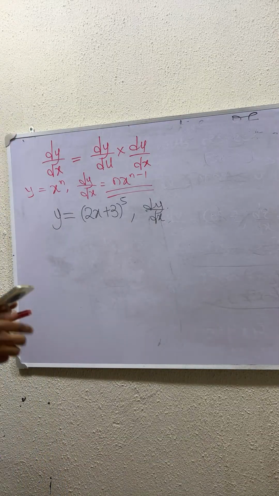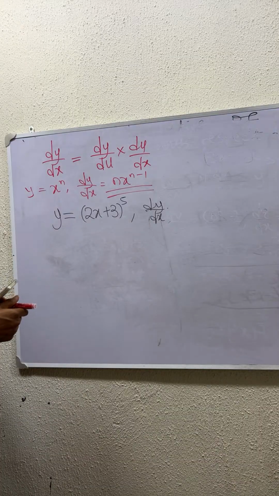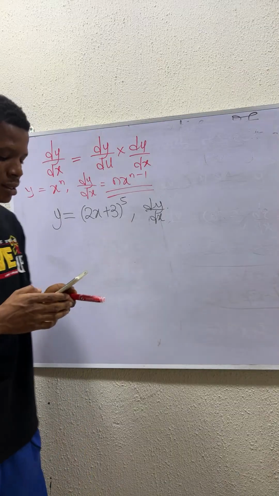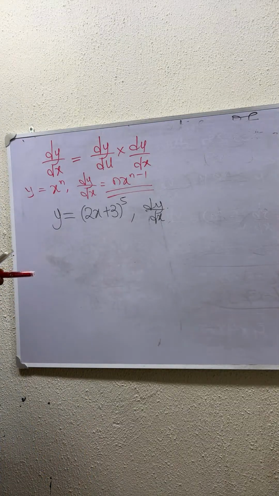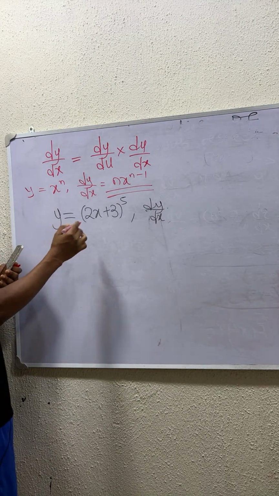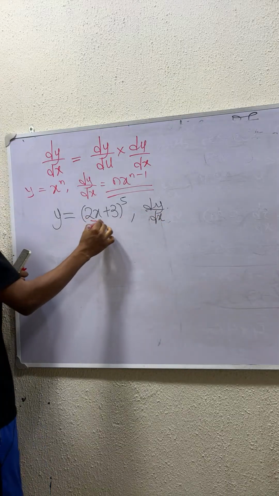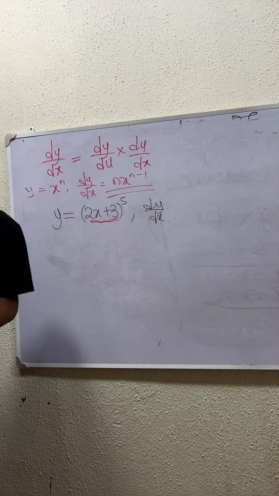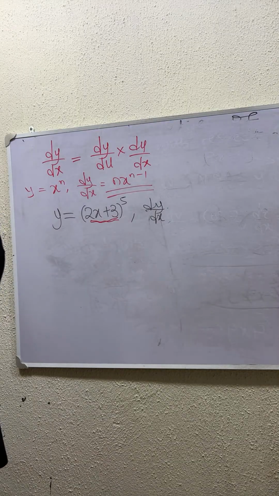The first thing you have to do in such differentiation is to define the terms of the variable. The term in the bracket, the term in the function, is what we usually call our u. That's the u function.